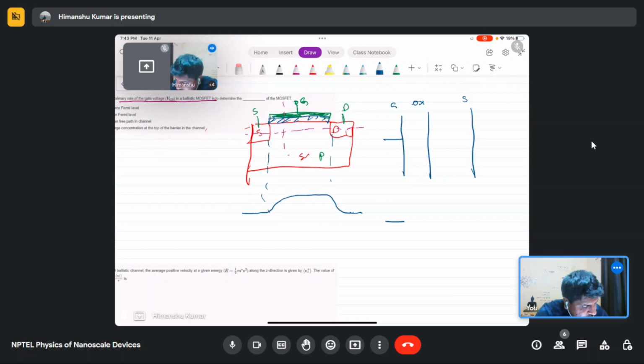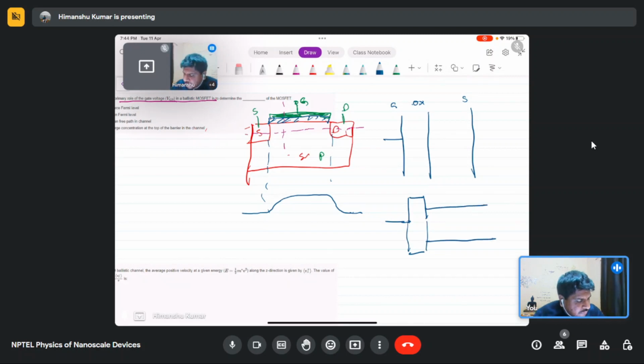So in the gate region this Fermi level will be this, in the oxide region the Fermi level will look like this, and in the substrate region it will look like this.